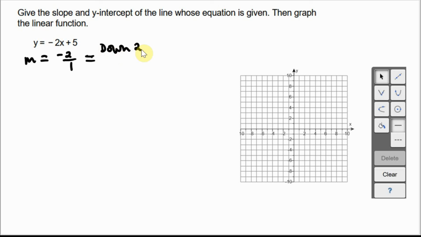I'm going down 2 here. I'm going to the right 1. But I'm doing that from the y-intercept. So I found the y-intercept is 5. So the y-intercept is here, 5. Then the next point, I'm going to go down 2, 1, 2, and over to the right 1. And then draw a straight line.